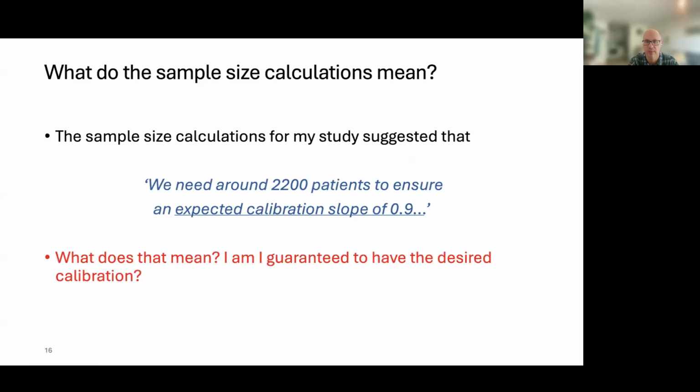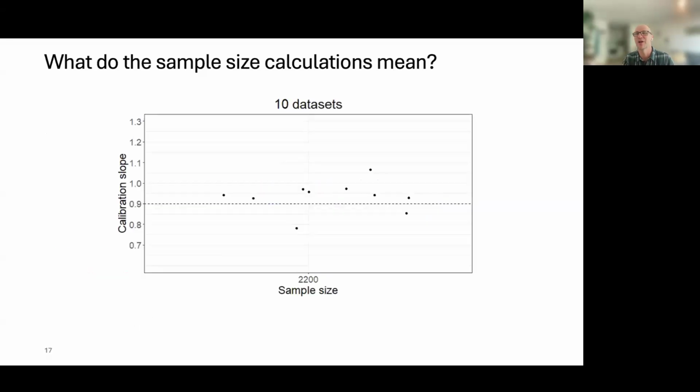And the final thing: if someone has done a calculation for you, and it says you would need 2,200 patients, and that would ensure that you get an expected calibration slope of 0.9, unfortunately that does not mean that if you collect a sample of 2,200 and validate in a good validation sample from the same population, you would get exactly 0.9, but you would get something around it.